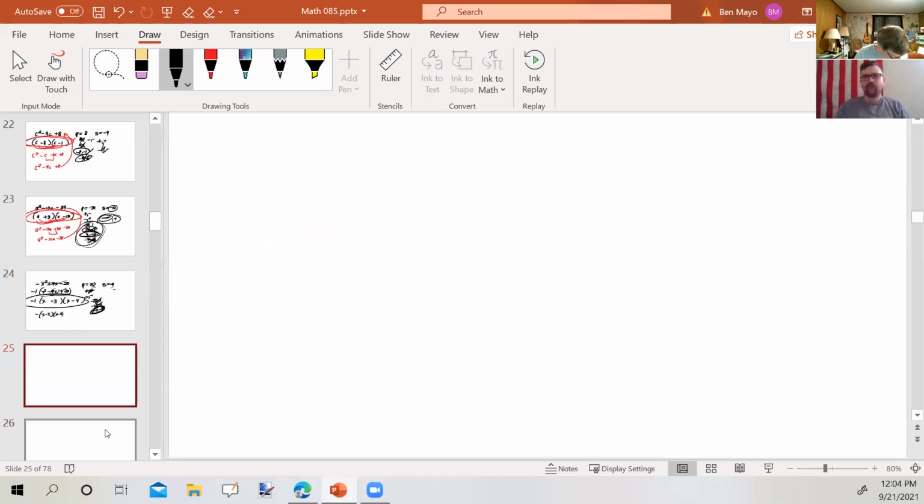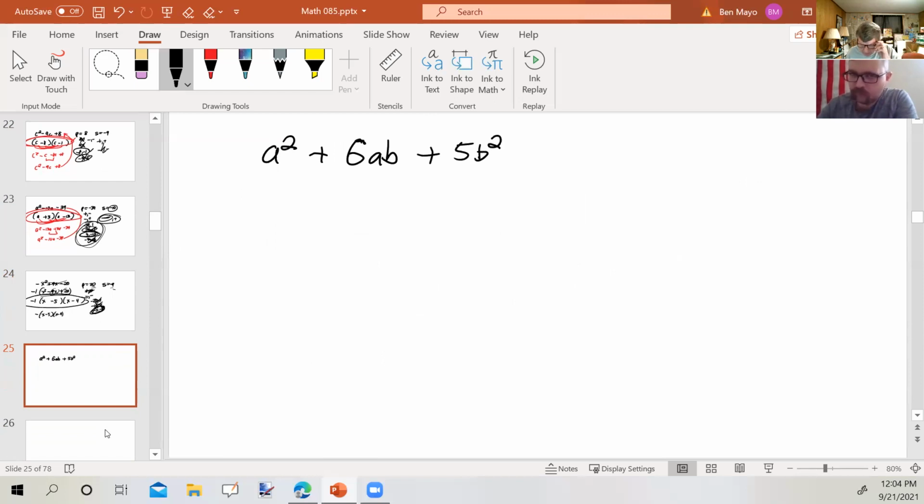Let's see here. a squared plus 6ab plus 5b squared. Okay, now this is a trinomial.